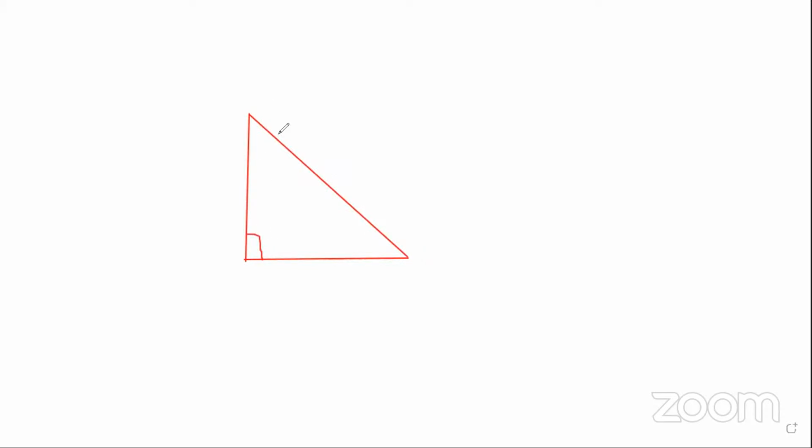If it is a right angle triangle, I keep the names: this is A, this is B, and this is C. So this is a right angle triangle ABC, with the right angle at B, and some special names are given.